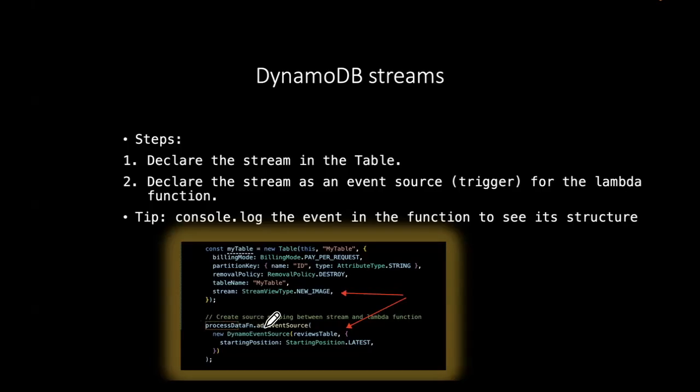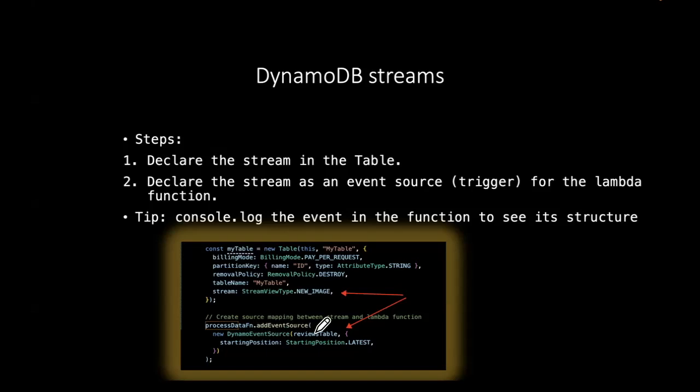So this obviously is the name of some Lambda function, which I haven't shown on the screenshot, but this is a reference to a Lambda function that's defined elsewhere in my CDK stack. I'm adding the event source. I'm saying that the event source in this case is a DynamoDB stream.